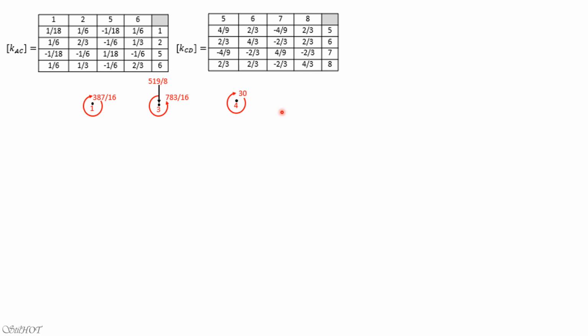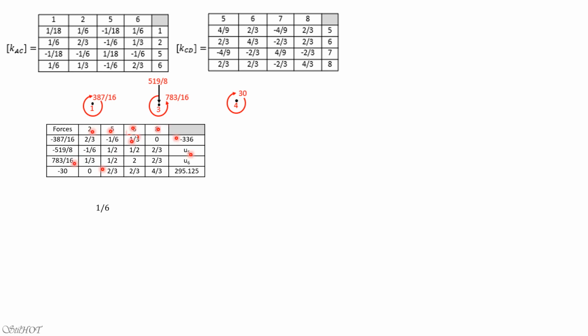Again, we expand rows 5 and 6 associated with U5 and U6, or any other two rows. So let's simplify it. Negative 519 over 8, 783 over 16. Remember, we copy negative 1/6 and 1/3 and 2/3 and 2/3 times the displacements negative 336 and 295.125.